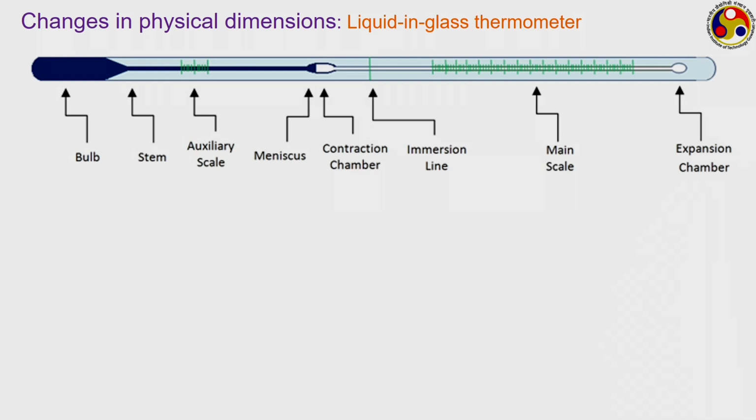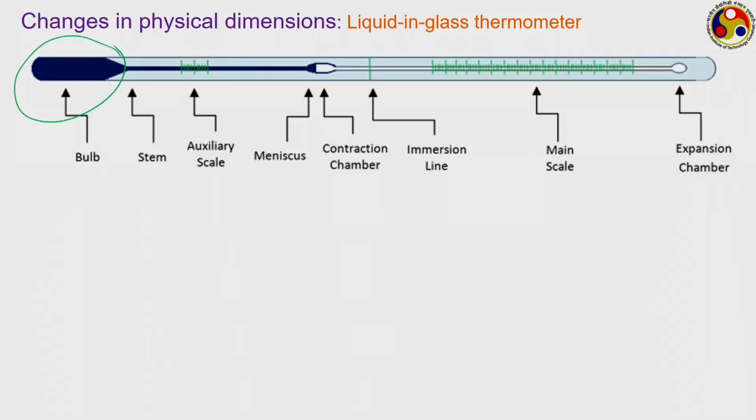The first one is a bulb. This bulb acts as the storage of the fluid that we are using. We generally have a very thin glass wall, which should be thin enough so that the fluid inside can sense the temperature of the surface you are bringing it in contact with, but at the same time it should also be hard enough to sustain minor vibrations or minor shocks.